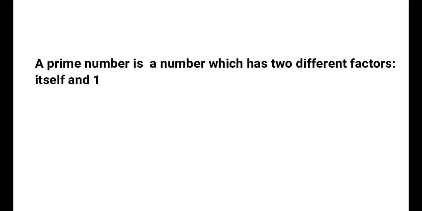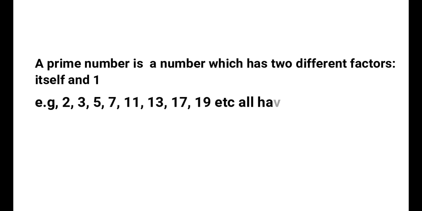For example, numbers like 2, 3, 5, 7, 11 and 13. These numbers can be divided by themselves and 1 only. No other numbers can divide them. So in a nutshell, these numbers have just two factors, 1 and themselves.